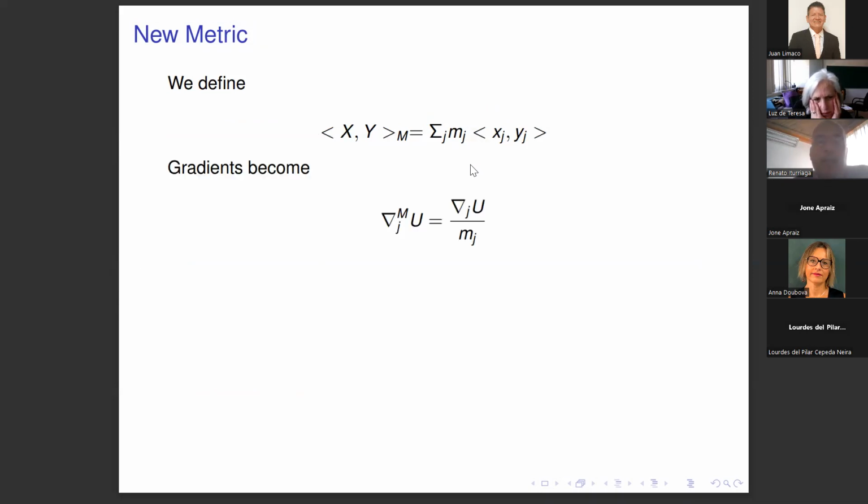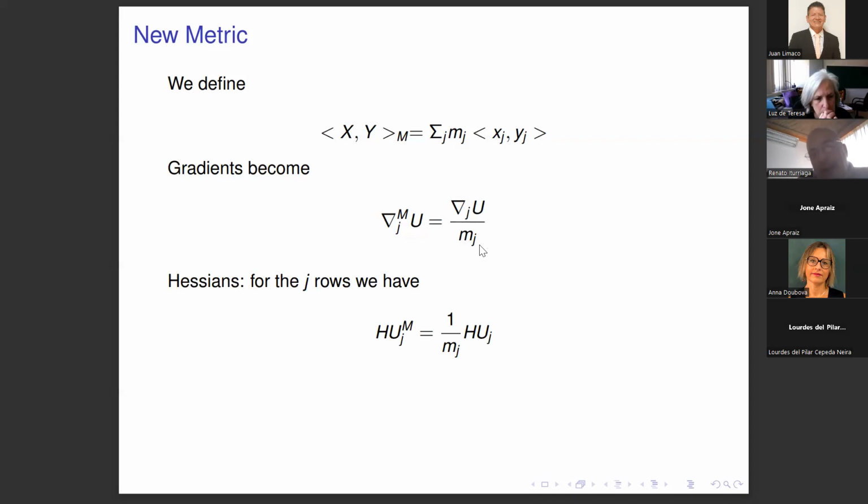The gradient of a function depends on the inner product, so the gradient with respect to the weight metric will be the standard gradient divided by m_j. And also for the Hessians, in each pair of rows, the Hessian will be 1 over m_j times the usual Hessian.